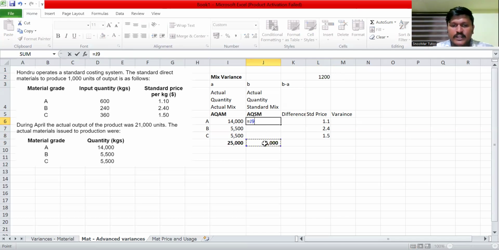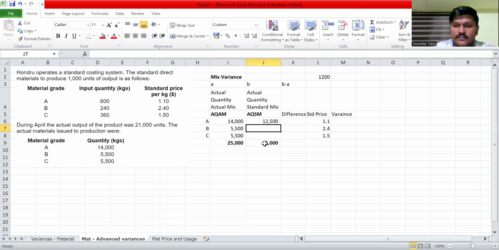Out of the 25,000, multiplied by the standard usage ratio. For example, 600 was the standard usage for A out of the standard total usage of 1,200. I'm using that proportion so that in the standard mix, I get my actual quantity.